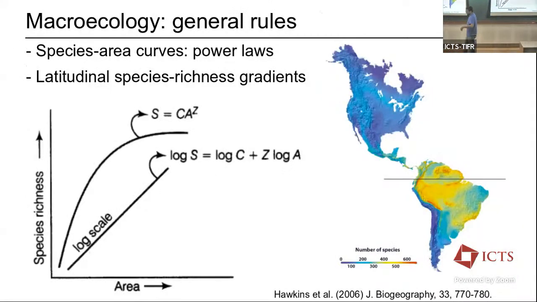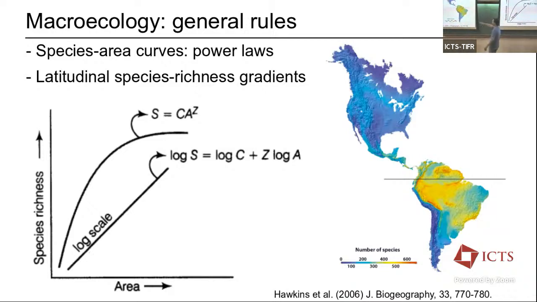Okay, there are other extensions to community ecology that do have general rules where you can predict things. So for example, the tropics will always have more species than temperate areas. And this is true regardless of any continent. Wherever you go, tropics have more species than temperate areas.